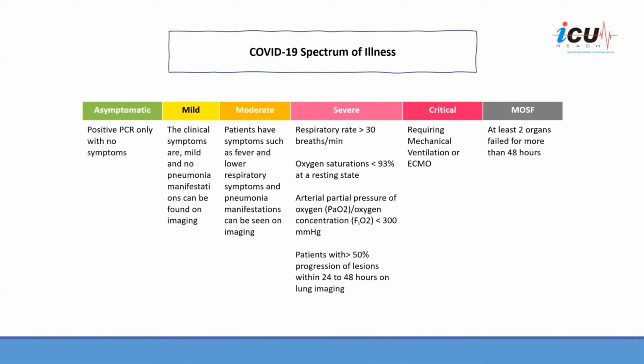We don't do many CT scans here, so it is very difficult actually to define progression of radiological manifestations on the chest X-ray. And of course, if the patient is intubated or started on ECMO, that would be very critical, and patients may progress into multi-organ system failure, defined as we have at least 2 organs that are failed for more than 48 hours.